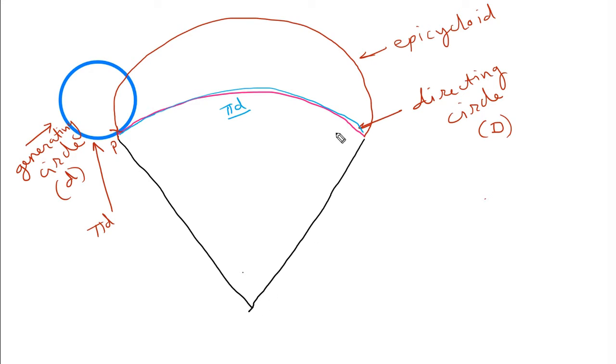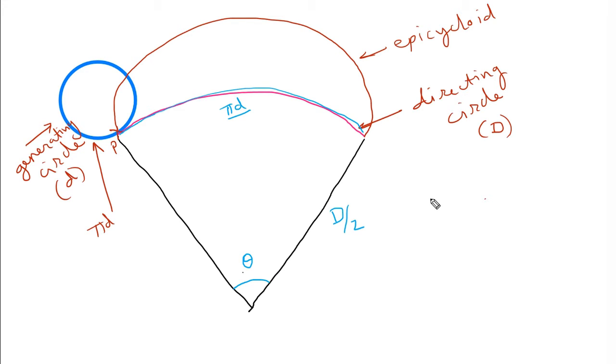And the radius of this directing circle will be capital D by 2. Now we need to find out how much angle is covered by the generating circle for its one complete revolution. This is the required parameter that needs to be calculated first to complete the construction of an epicycloid.